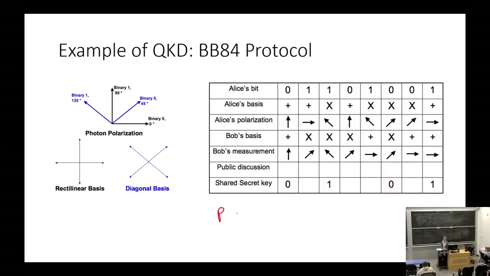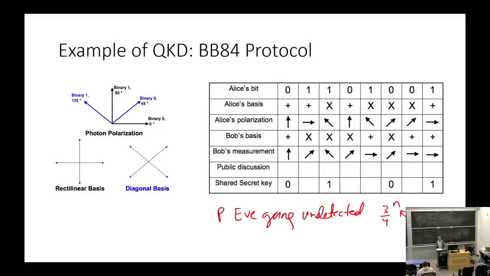So the probability of Eve going undetected, just based on the Heisenberg uncertainty principle and the fact that she has to measure the photons, is (3/4)^n, where n is the number of bits.